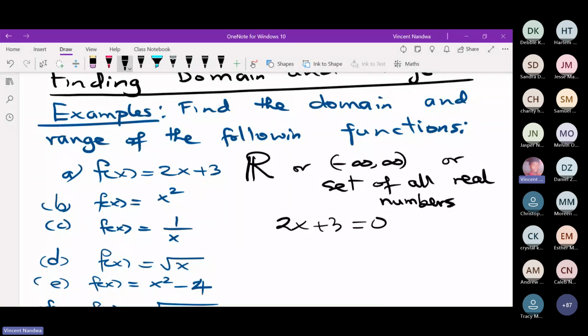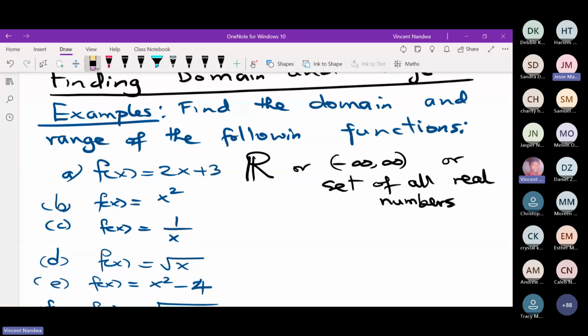And then, are there some real numbers which will give positive values for 2x plus 3? Yes, so you get them. You realize that all the positive real numbers are possible once you fix real numbers in the place of x. You can also get 0, and you can also get negative real numbers.